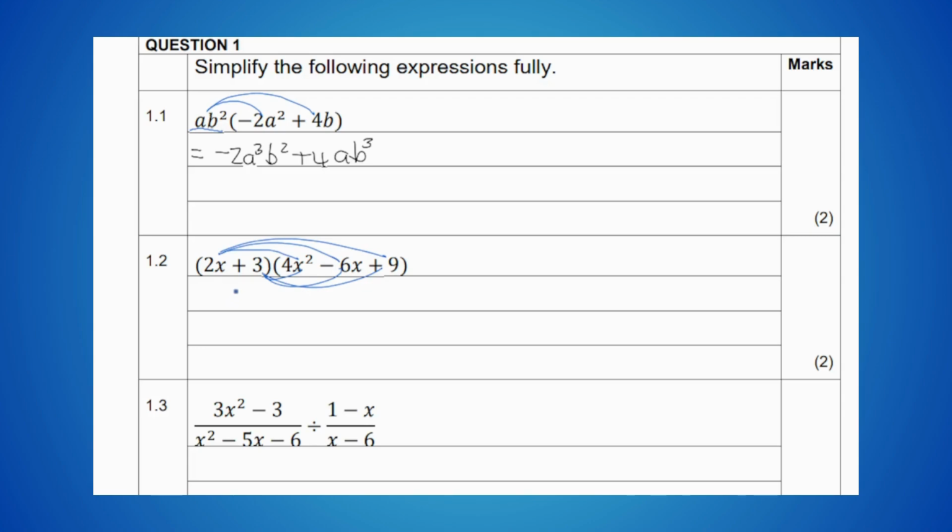But if you know your theory about cubes, you'll notice if you look at 2x being squared is 4x squared. 3 squared is 9. This term times that term gives you the 6x, and those signs are opposite.